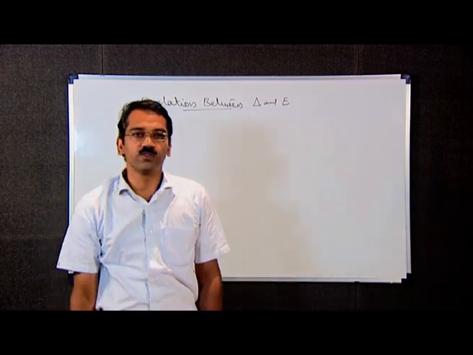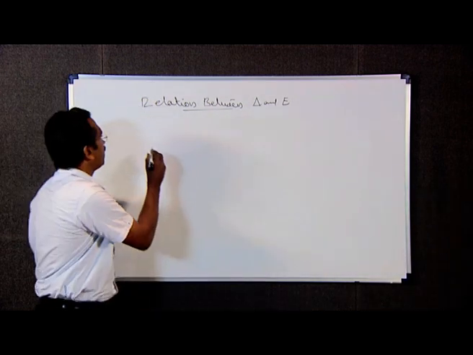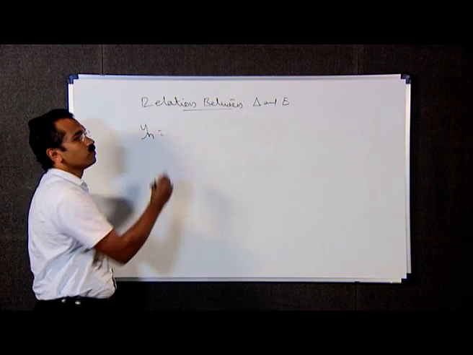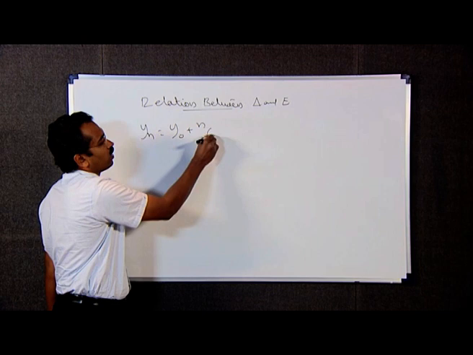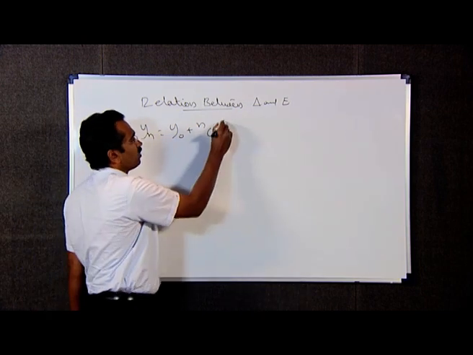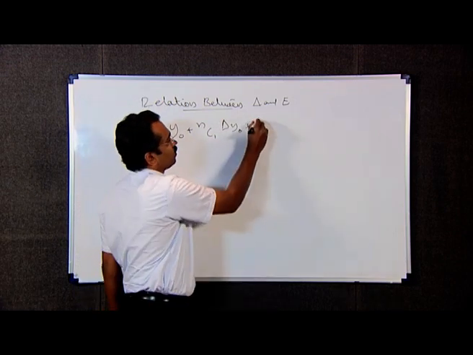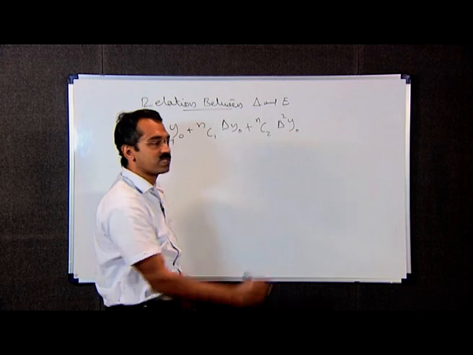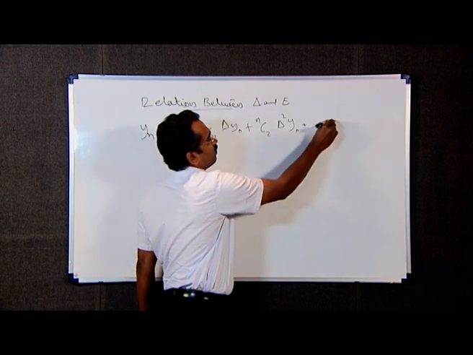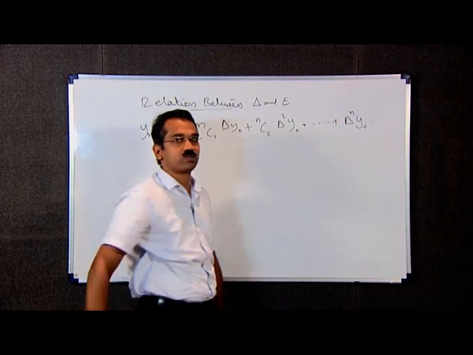Now, we have to prove that if n is a positive integer, then yn is equal to y0 plus nC1 delta y0 plus nC2 delta square y0 plus etc., plus nCn delta raised to n y0.